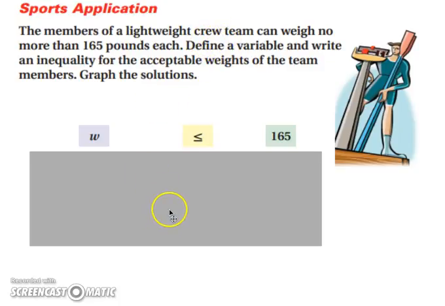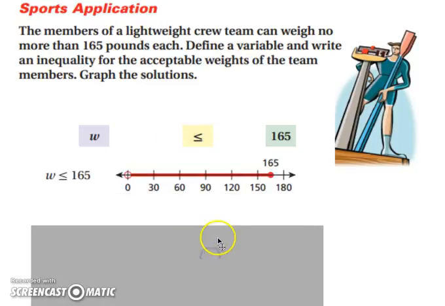So now that we have our inequality, we can graph the solutions. Your weight has to be below 165, but it can include 165, so we've got ourselves a filled-in circle.